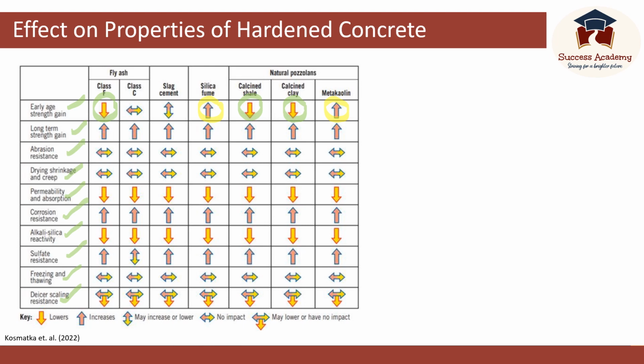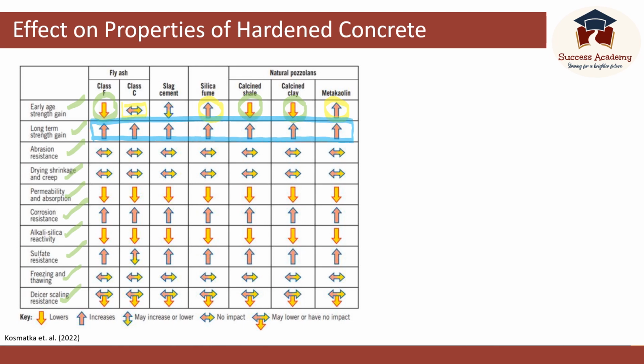However, class C fly ash doesn't have any effect on early age strength gain, and slag cement can increase or decrease the early age strength gain. When you look at the long-term strength gain, all of these admixtures increase the strength gain.